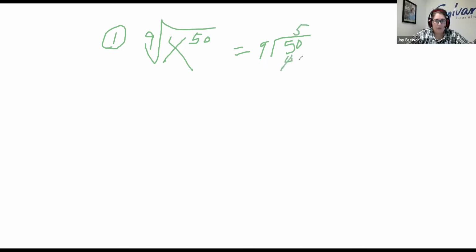And then we're going to have a remainder of 5. Let's fix it. So then that means your overall answer will be x to the 5th power outside the 9th root, x to the 5th power.